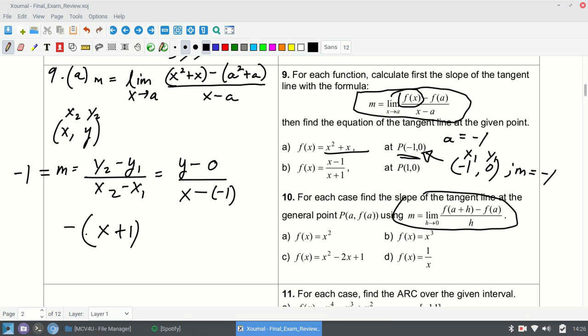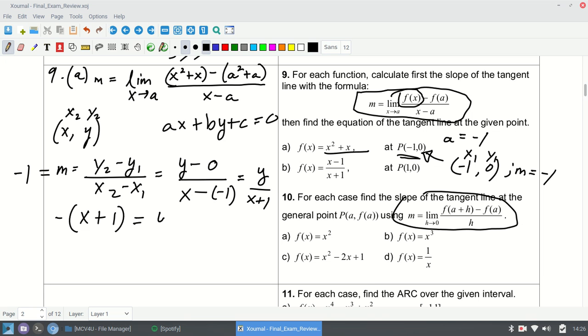So I'm basically solving now, isolating, putting it all together in this form. This is called the standard form of a linear equation. I'm going to put it in that form. So on the top I get y, on the bottom I get x plus 1. I'm going to multiply both sides by x plus 1, and I'm going to get negative of x plus 1 equals y.